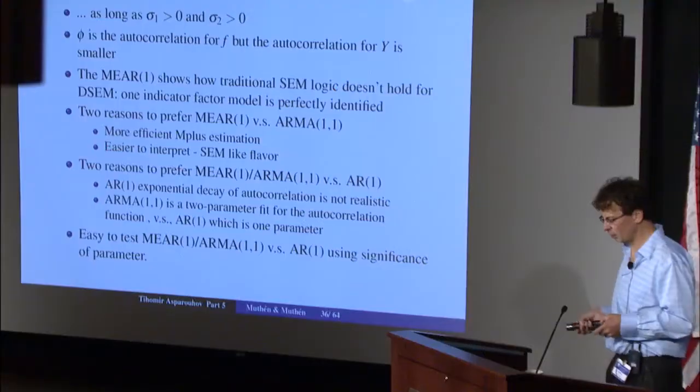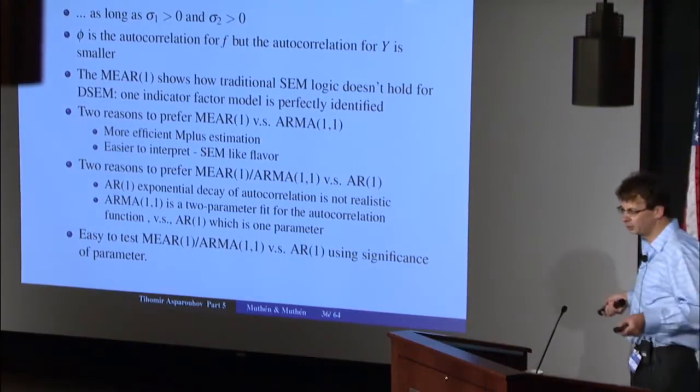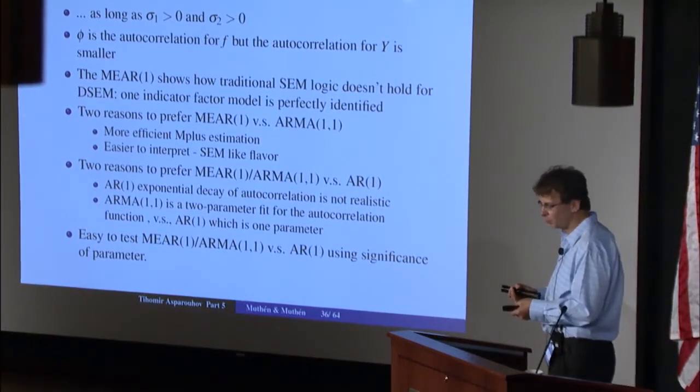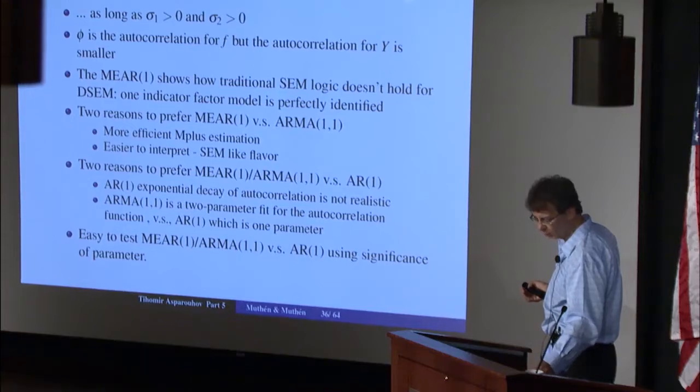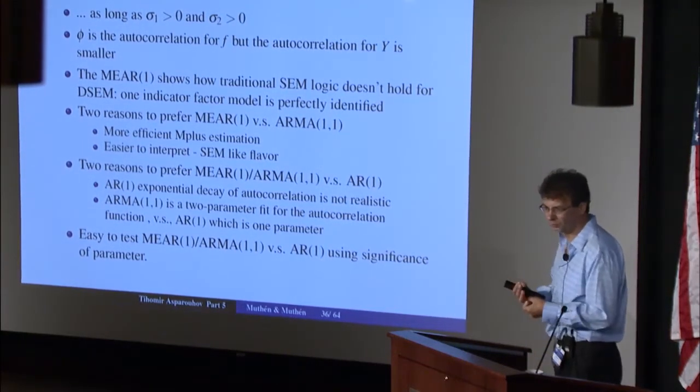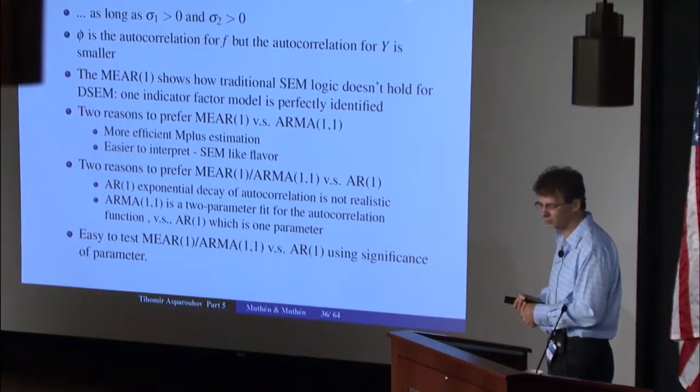But the reason I got obsessed with the MEAR1 model is because it resolves so many other issues. There are advantages of the MEAR1 model that are not on this list, but we're going to see them in examples further on. It resolves the issue about categorical data: you can use time series modeling with categorical data as long as you stay in the MEAR framework. It resolves issues with covariates, so you can easily separate the covariate from the autoregressive part.